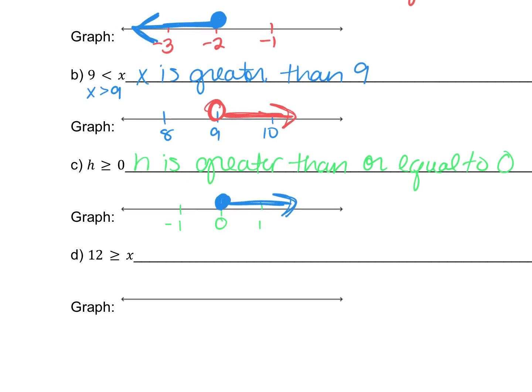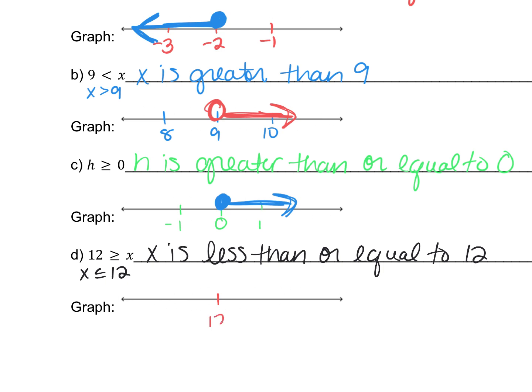All right, last one. They wrote it backwards, so remember you read it backwards. x is less than or equal to 12, so if you want, rewrite it. So 12 is in the middle.